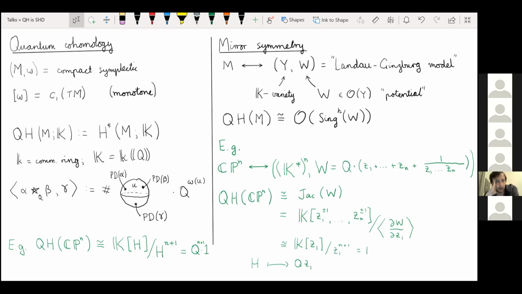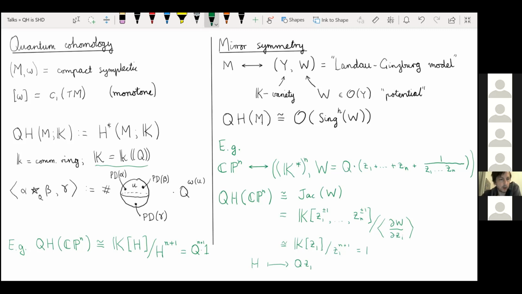We'll choose some coefficient ring, little k, and our Novikov ring will be this capital K, which is formal Laurent series in a Novikov variable Q. And the quantum cohomology of M is just the singular cohomology of M with coefficients in this capital K, but the gradings are a bit different.